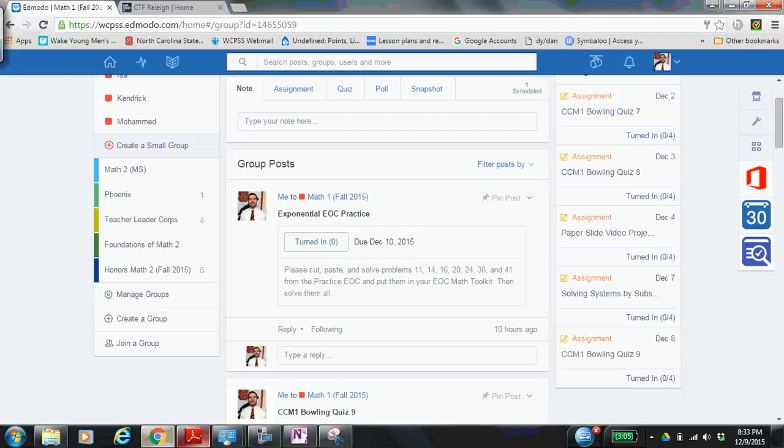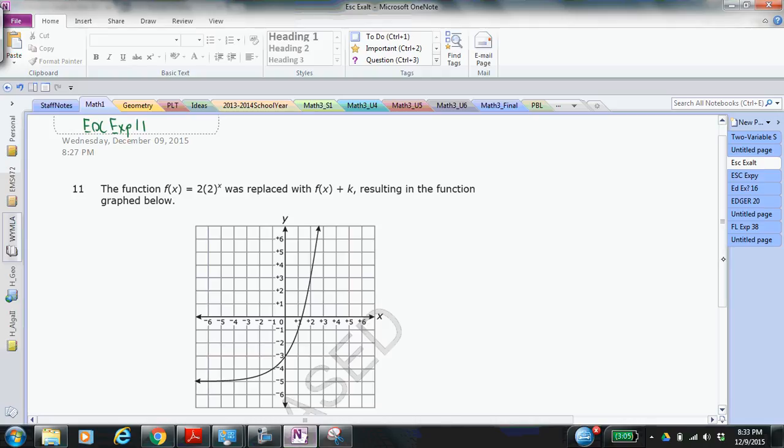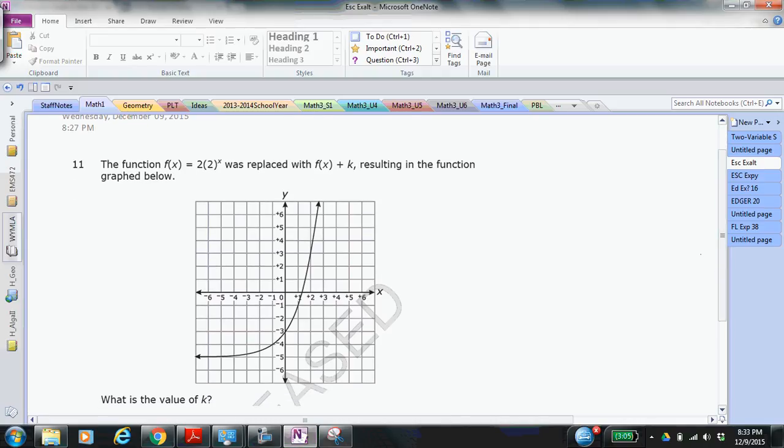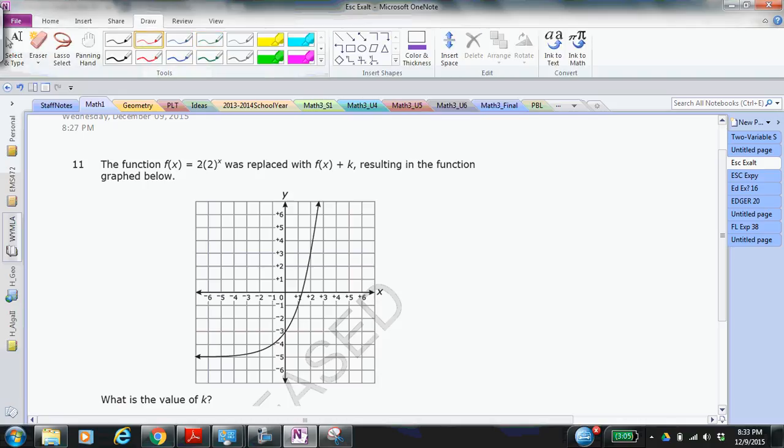Alright, so number 11 we're starting off with. This one you should have seen before. Basically we have two functions. Based on what we talked about yesterday, we should be able to identify the y-intercept of this function. Remember, a times b to the x power, a is the y-intercept, so the y-intercept here is 2.